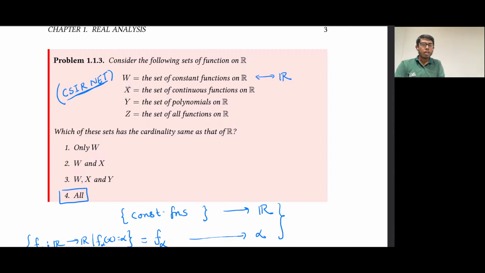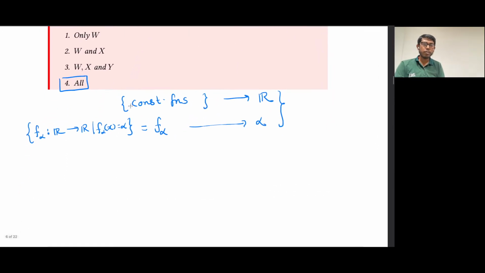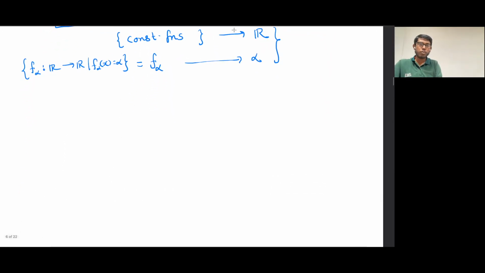Okay. The next is the set of all continuous functions on R. And I am saying that it has the same cardinality as R. And why so? Let's give an injection.